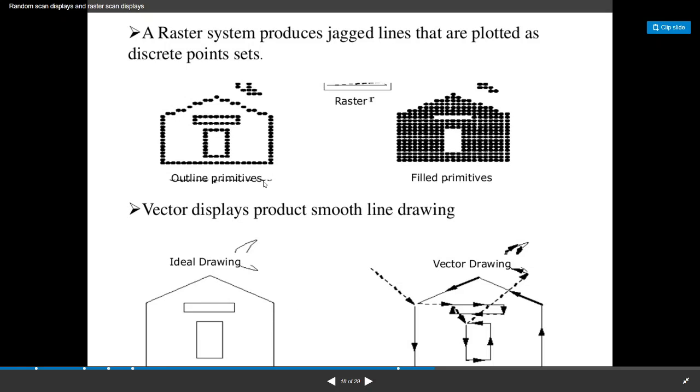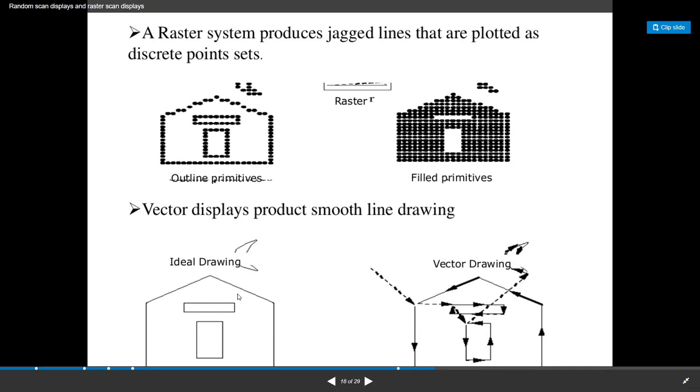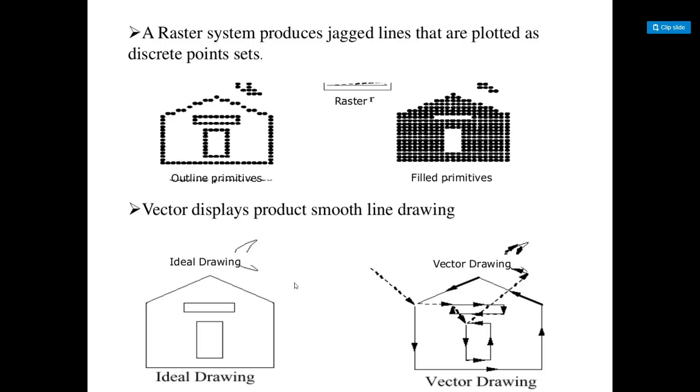On the screen, normally when you see it, it looks like this, but if you zoom in, it is actually drawn this way. So this is how a raster scan produces a diagram, and this is how the vector display draws the diagram. Thank you.